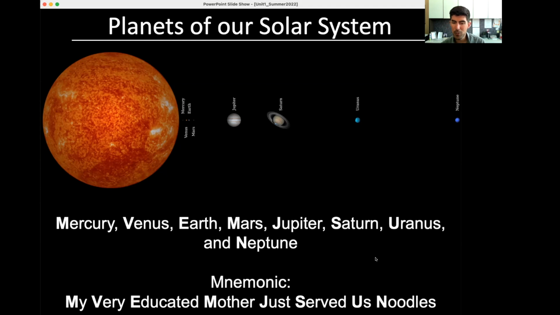Usually I find that people know this by now. It's not too difficult. This image, though, does highlight the different sizes for the various objects in our solar system. Here is our sun, and then here are the relative sizes for the inner terrestrial planets as well as the outer gas giants.